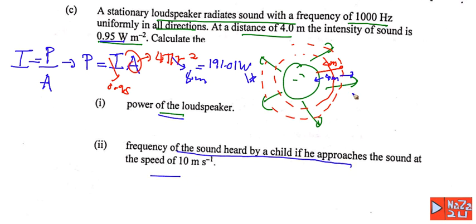And number 2, the frequency of the sound heard by the child if he approaches the sound. So meaning here we have the observer approaching the source of sound from the speaker. So we have the equation, or look at the Doppler effect.